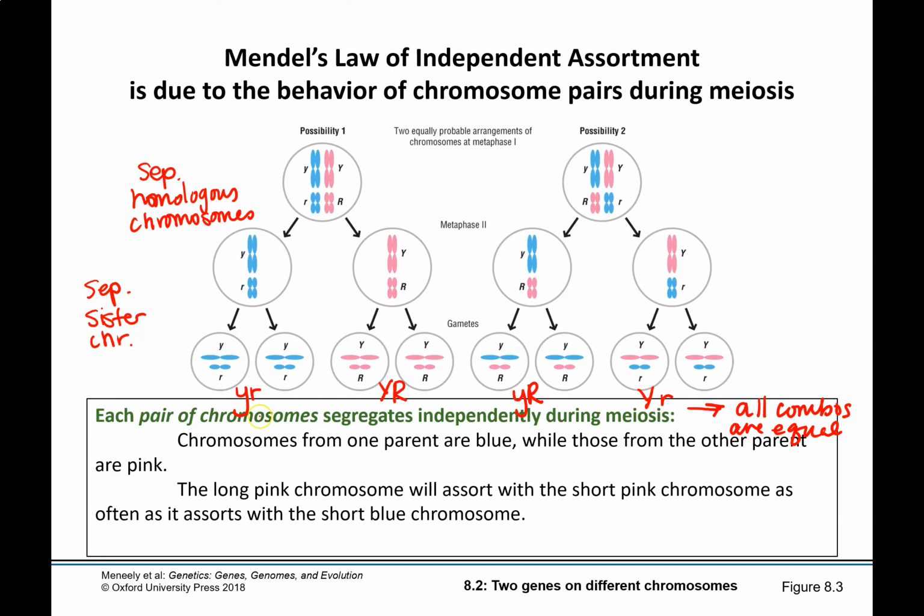So 1/4 of the gametes will always be little y, little r. 1/4 will always be big Y, big R. 1/4 will always be little y, big R, and 1/4 will be big Y, little r. Keep in mind that these are on non-homologous chromosomes.